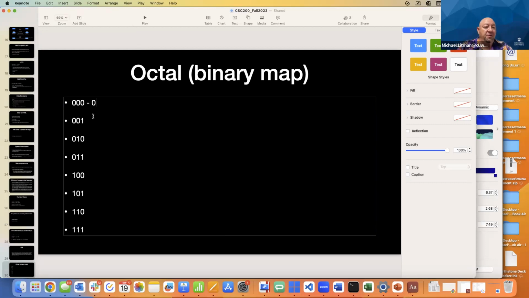This is a 0. This is a 1. This is a 2, 3, 4, 5, 6, 7.